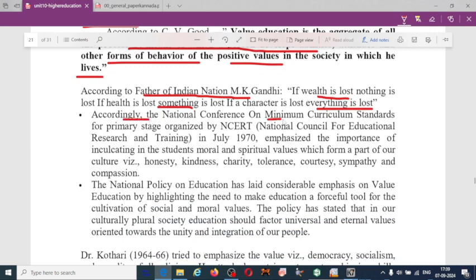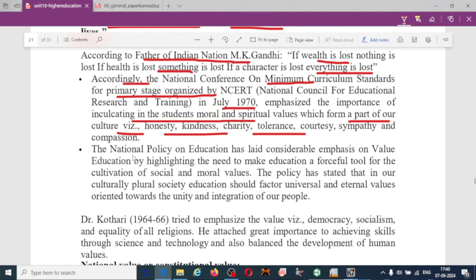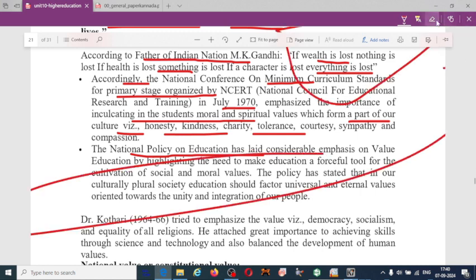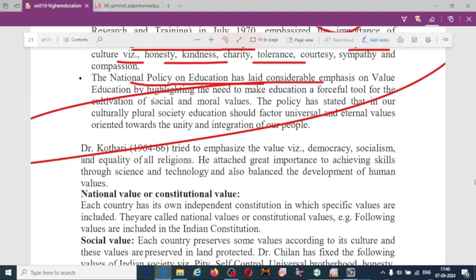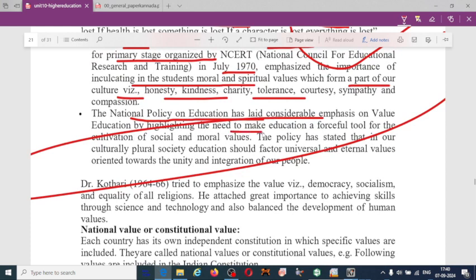Accordingly, the National Conference on Minimum Curriculum Standards for Primary Stage, organized by NCERT in July 1977, emphasized the importance of inculcating in the students moral and spiritual values which form a part of our culture: honesty, kindness, charity, tolerance, etc. The National Policy on Education has laid considerable emphasis by highlighting the need to make education a forceful tool for the cultivation of social and moral values.